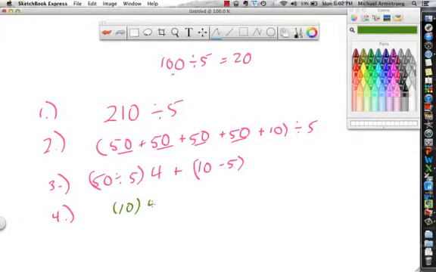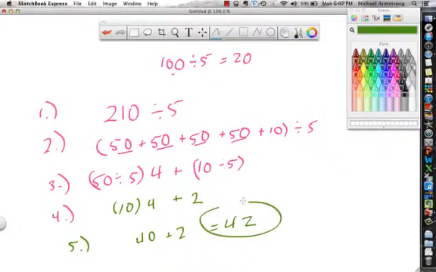And that's times 4, which is 40, plus 10 divided by 5, which is 2. Alright, so then our final step here, 10 times 4 is 40, plus 2 equals 42. It's just a different way to divide. We could do long division. It would come out the same, with the same answer.